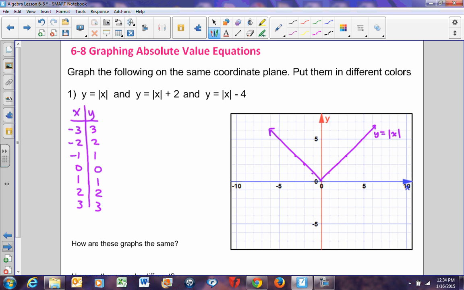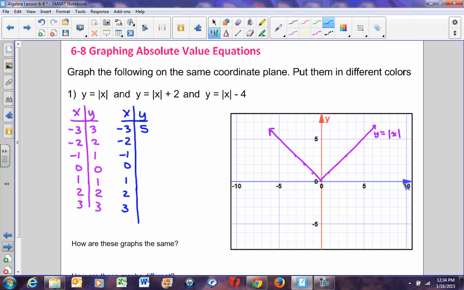If we're going to graph the next graph, y equals the absolute value of x plus 2, I'm going to do this in blue. Again, I'm going to make an abbreviated x and y table, using the same points: negative 3, negative 2, negative 1, 0, 1, 2, and 3. If x is negative 3, the absolute value is 3, and 3 plus 2 is 5.